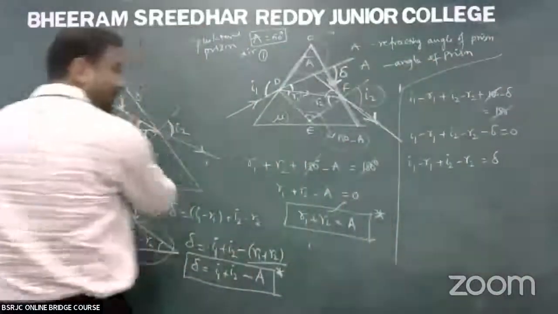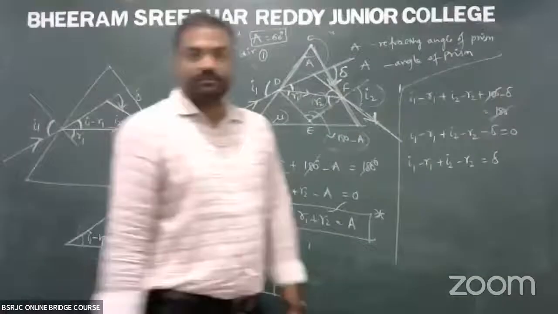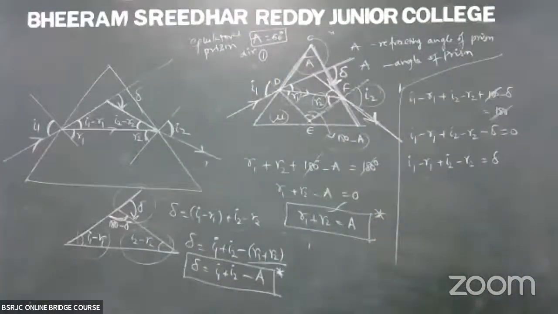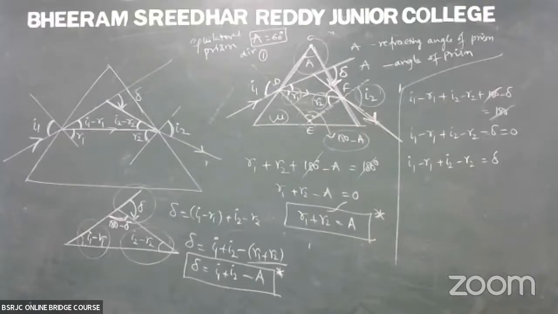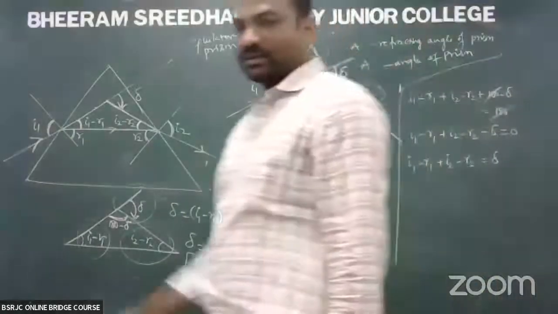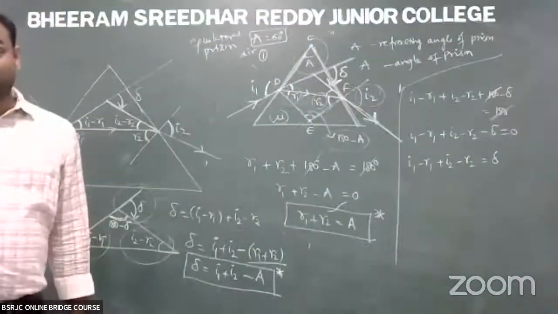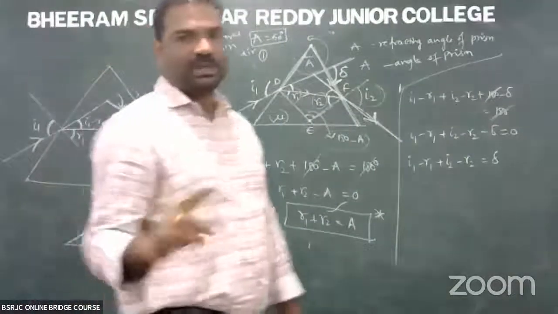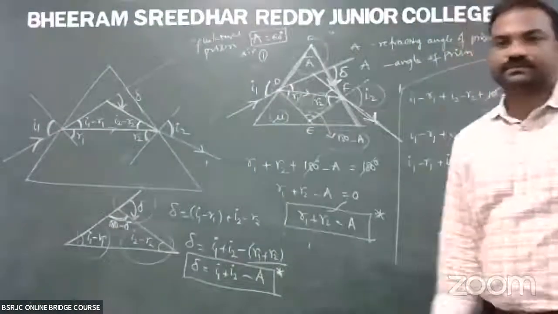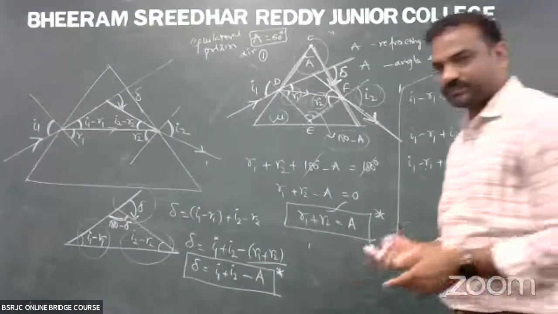Here also, total angle in a triangle is 180. We used the sum of opposite angles in a quadrilateral, nothing else. Clear? Understood?